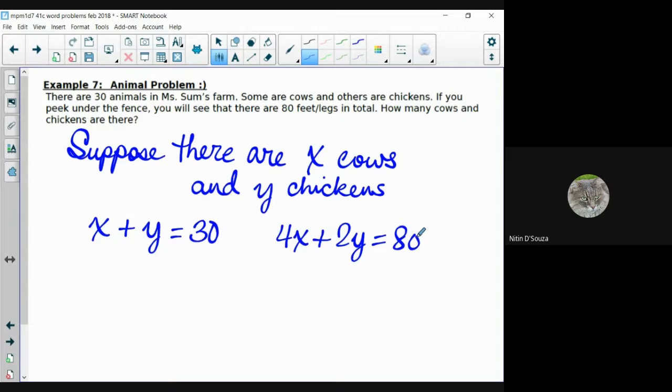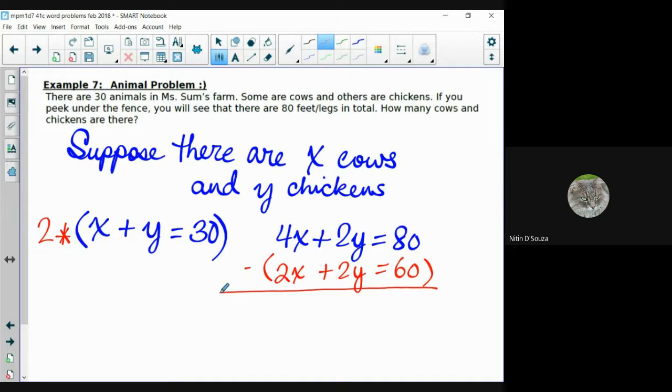And you can do this by substitution or elimination. In fact, if I just took this equation and multiplied it by 2, this would give me 2x plus 2y equals 60. 2x equals 20, x equals 10.